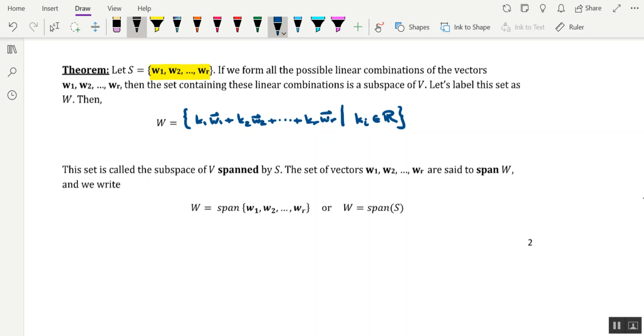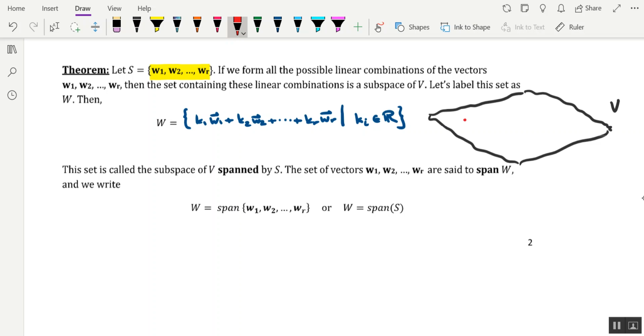I'm going to do my best to give you a little visual of what this theorem is speaking to. Let's say that this is my representation of a vector space V. And let's assume that there were three vectors for the set S, W1 through WR.